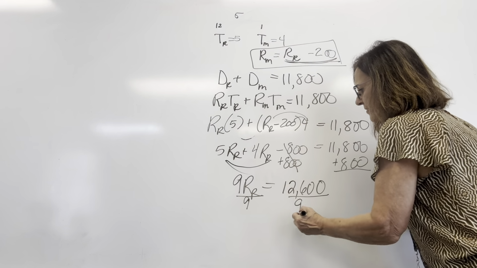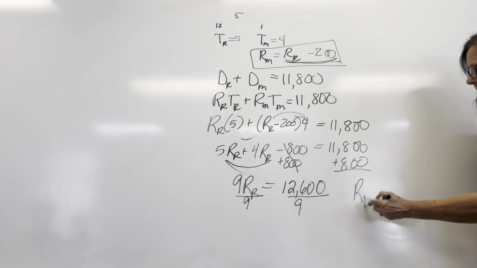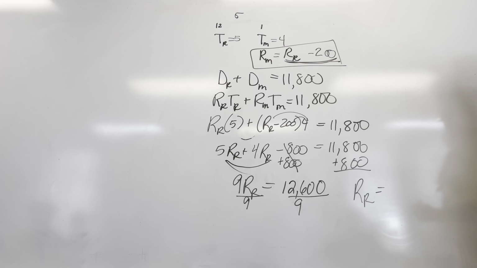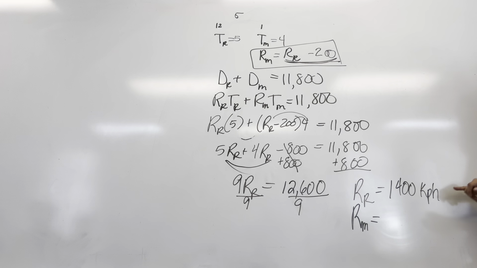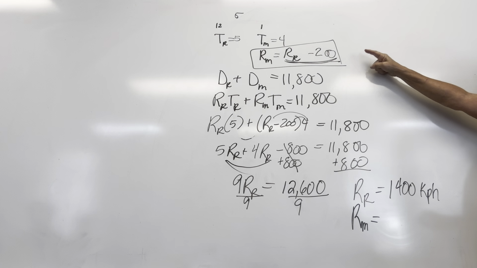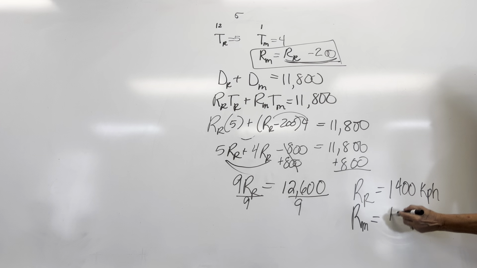Somebody tell me what the rate of Rocket Man is. What's 12,600 divided by 9? Say that again. 1,400 kilometers per hour. If that's the rate of Rocket Man, what's the rate of Moonfa? That minus 200, which is 1,200 kilometers per hour.